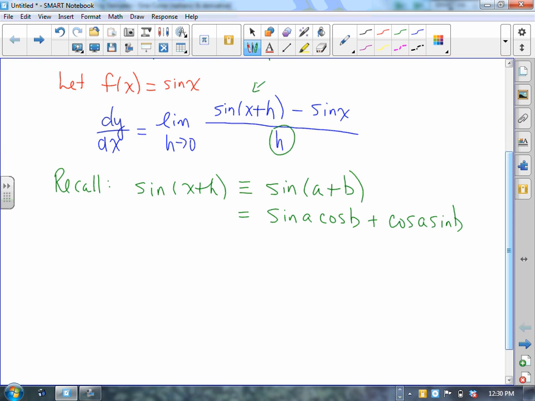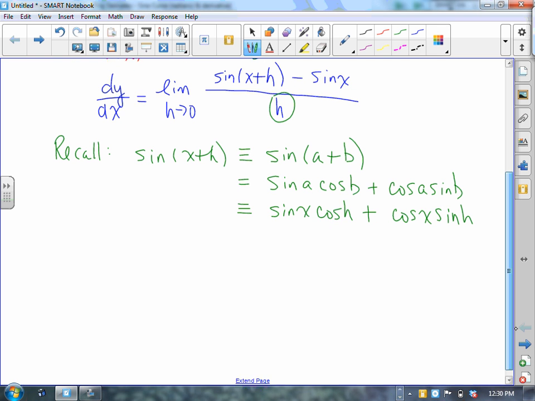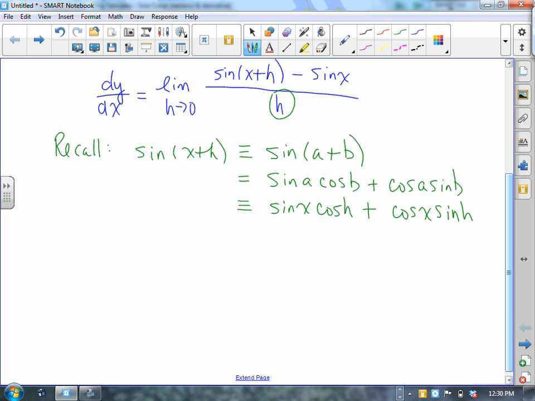So the sine of x plus h is equivalent to sine of x times the cos of h plus the cos of x times the sine of h.